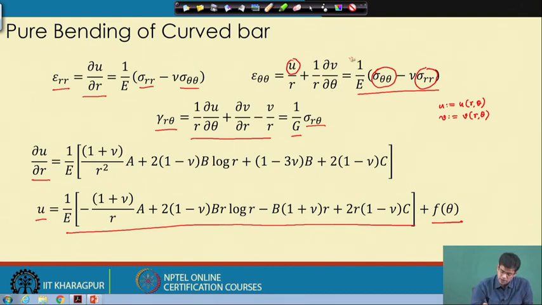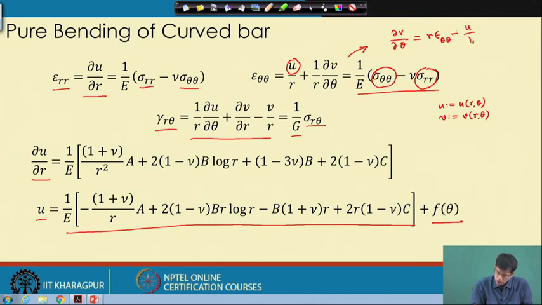If I write it in a proper manner, dv d theta will be r epsilon theta theta minus u.